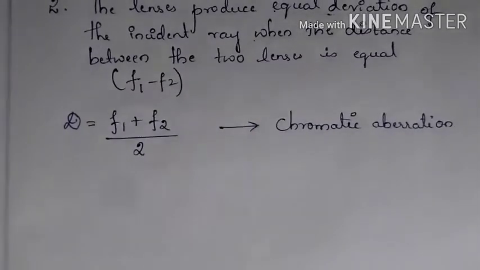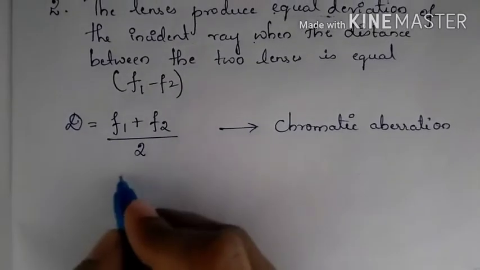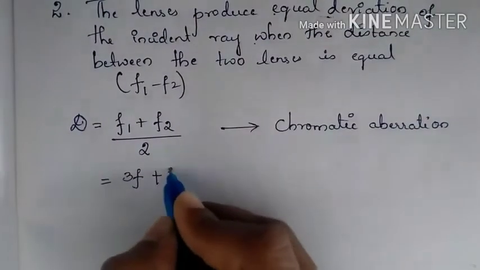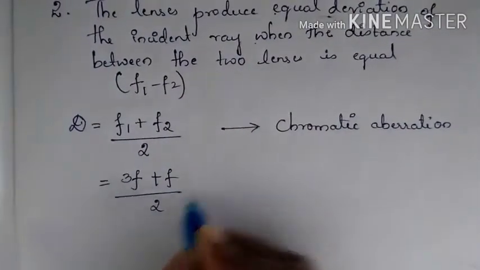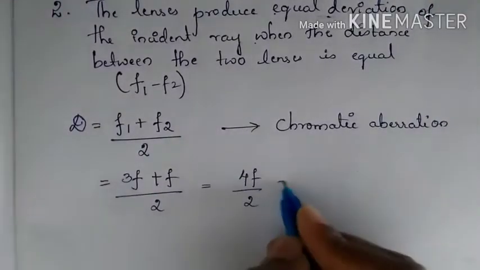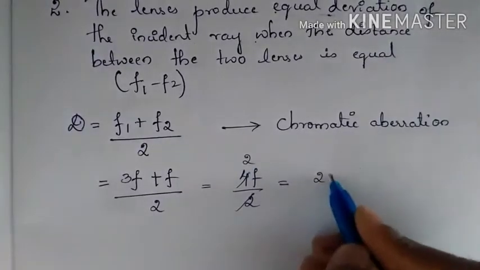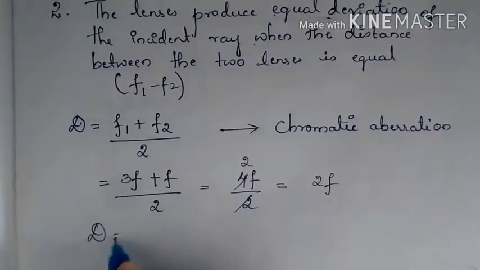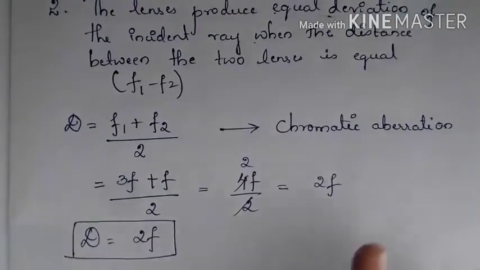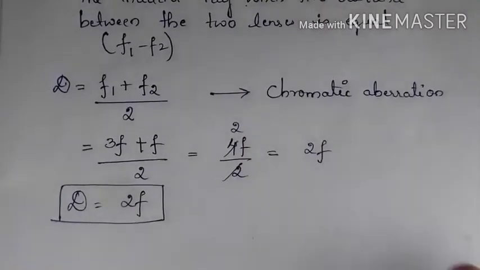Now if you substitute F2 as 3F and F1 as F, we get 3F plus F divided by 2, so 4F by 2. That gives D as 2F. So for chromatic aberration, the separation distance between the two lenses should be 2F. So this is the condition for the chromatic aberration.